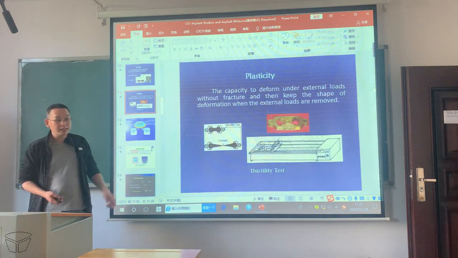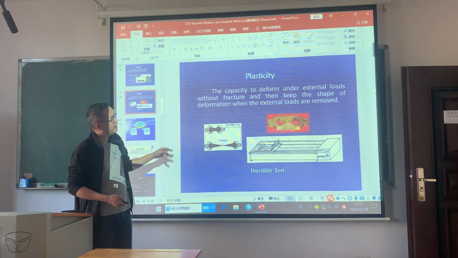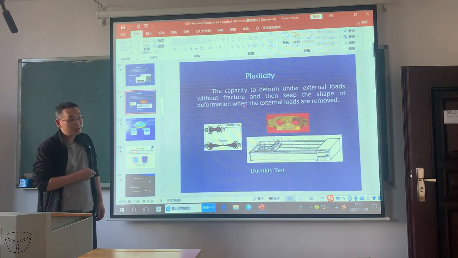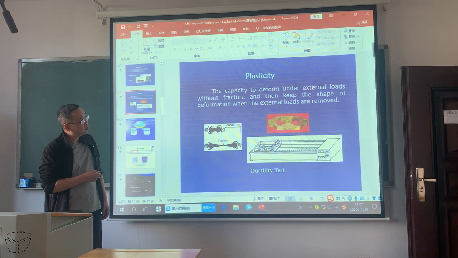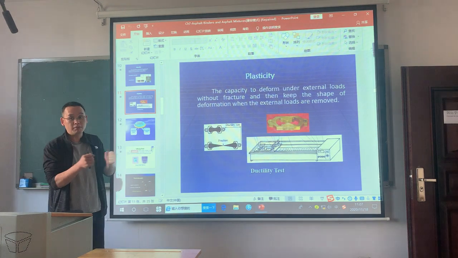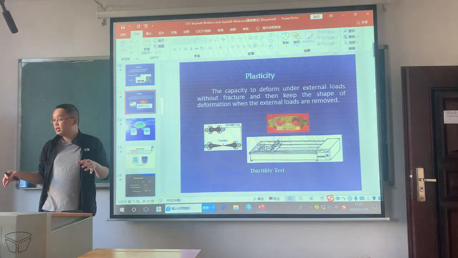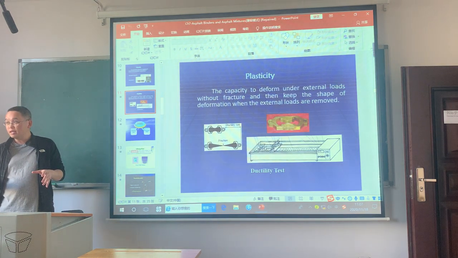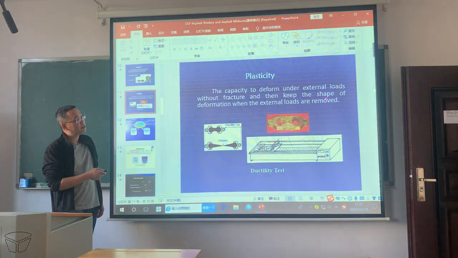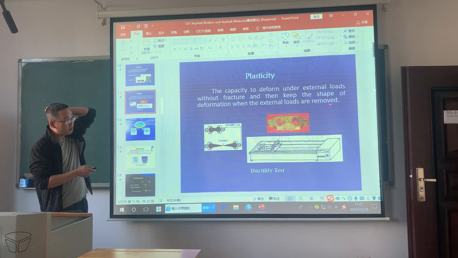The second property is about the plasticity. Plasticity means the capacity to deform under external loads without fracture, without breaking, and then keep the shape of the deformation when the external loads are removed.